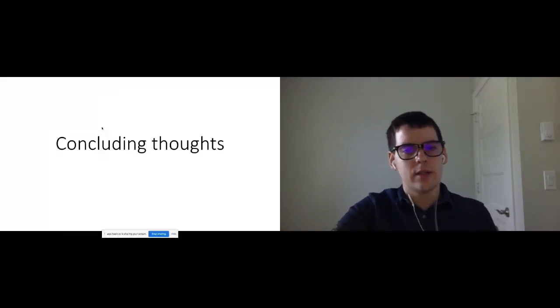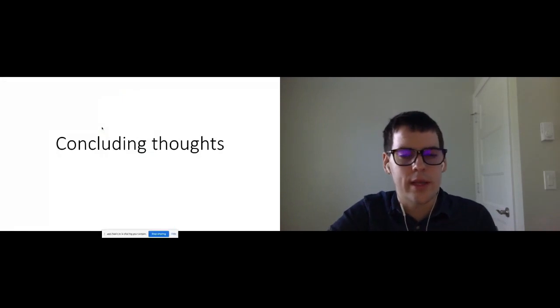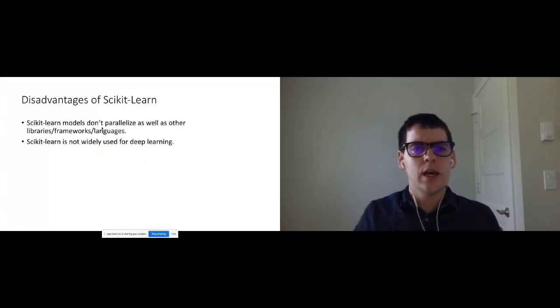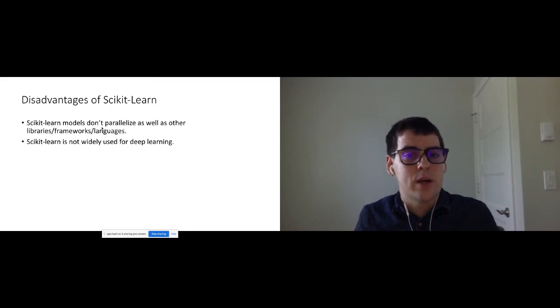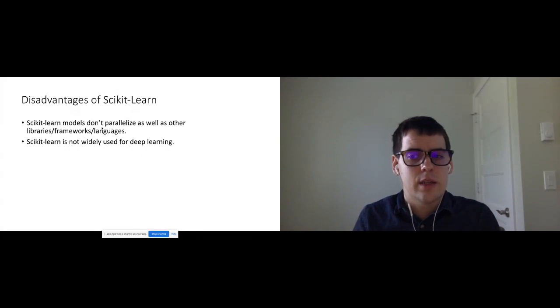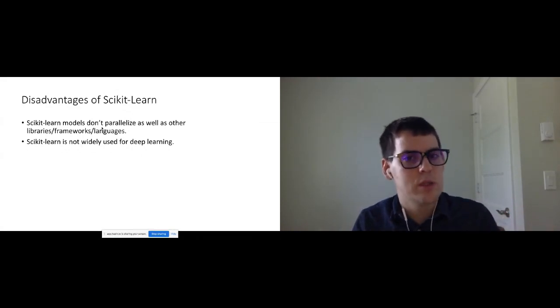So as far as Scikit-Learn, and we'll talk more in the Q&A if you want about Scikit-Learn, other models, etc. There are some disadvantages of Scikit-Learn. One of them is that a lot of Scikit-Learn models don't parallelize as well as other languages, libraries, and frameworks. If you're growing multiple decision trees for an ensemble model like a random forest, you can do a lot of that in parallel.